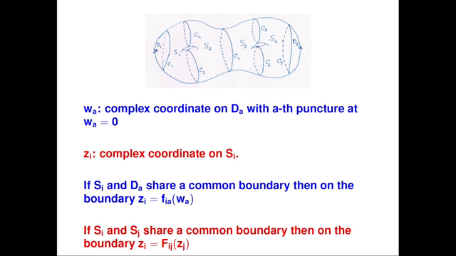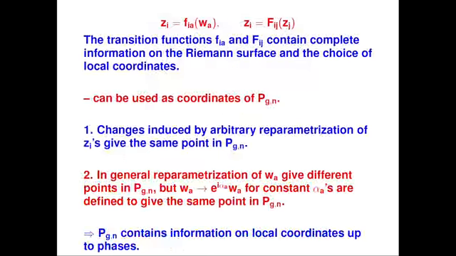Are there any questions? And so now the idea is that these transition functions, f_ia and F_ij, contain complete information on the Riemann surface and the choice of local coordinates. It is clear, right? Once you specify these transition functions completely, then the Riemann surface is completely fixed.